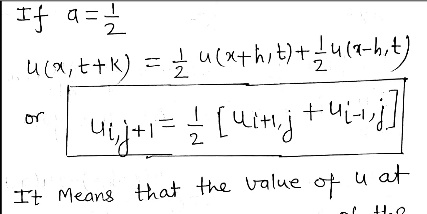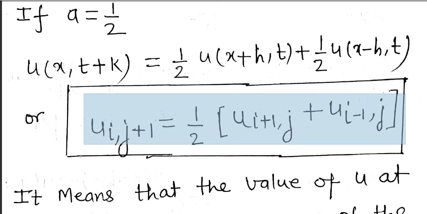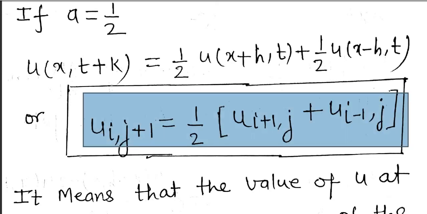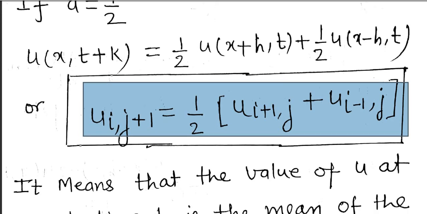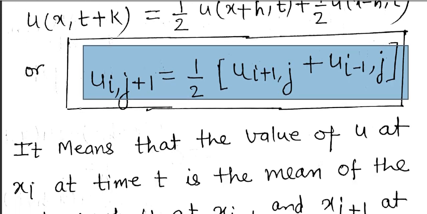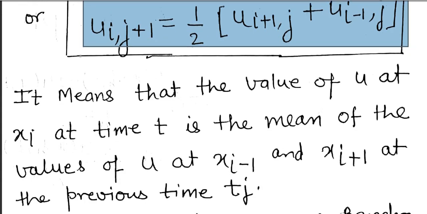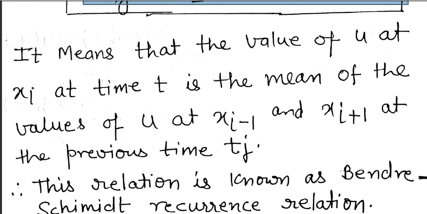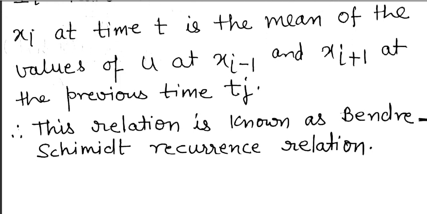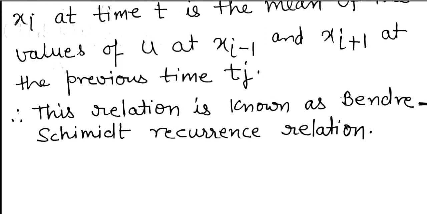So in general we can write u(i, j plus 1) is equal to 1 by 2 of u(i plus 1, j) plus u(i minus 1, j). It means that the value of u at x i at the next time is the mean of the values of u at x i minus 1 and x i plus 1 at the previous time.